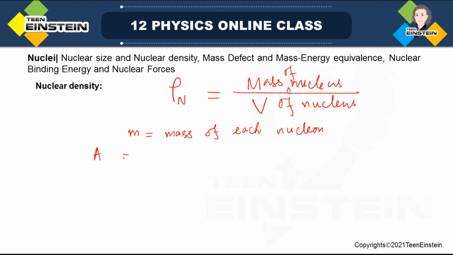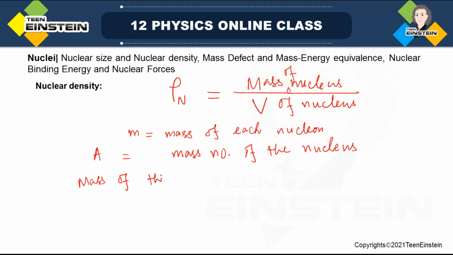So if A is the mass number of the nucleus, then what is the total mass of the nucleus?